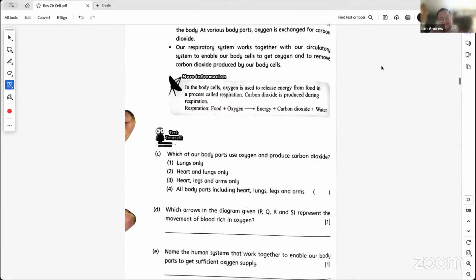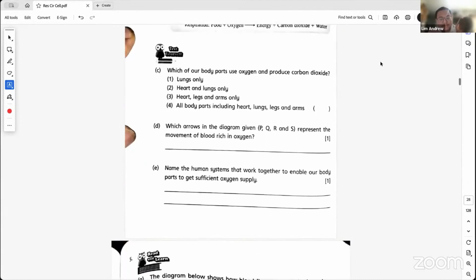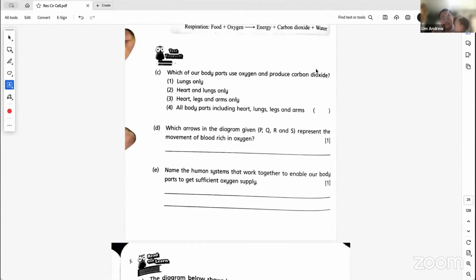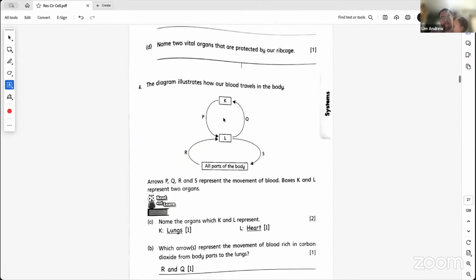All right. Next up. This question is, which arrows in the diagram PQRS represent the movement of blood rich in oxygen? Let's refer to the diagram now. So which of these arrows PQRS refers to the blood rich in oxygen? Any takers?